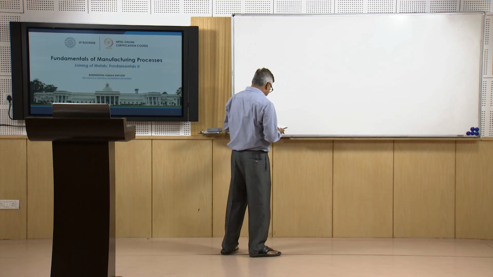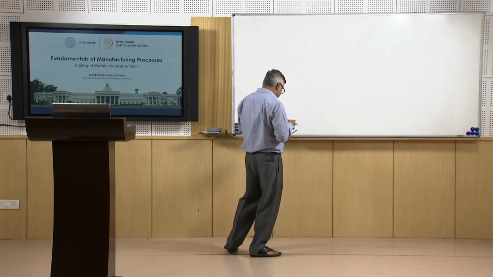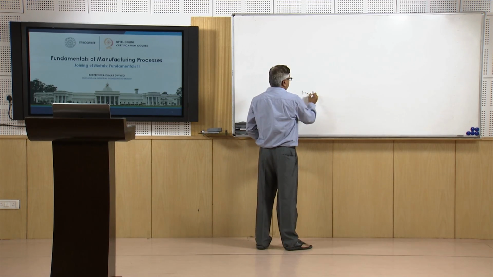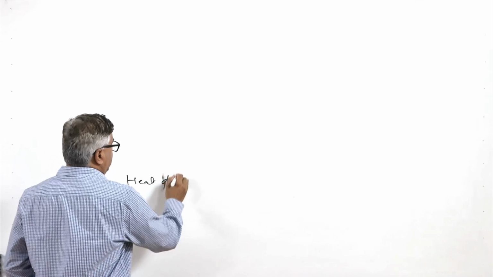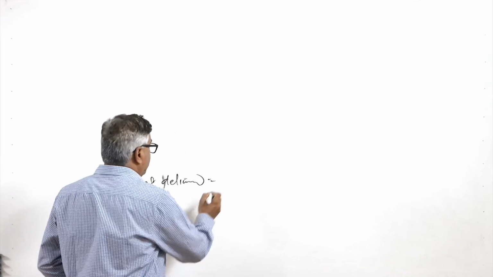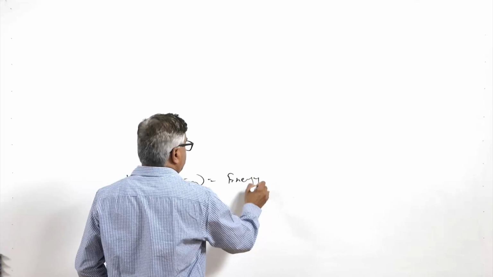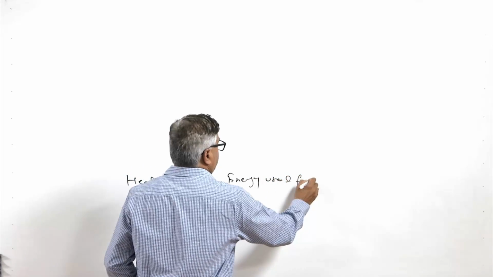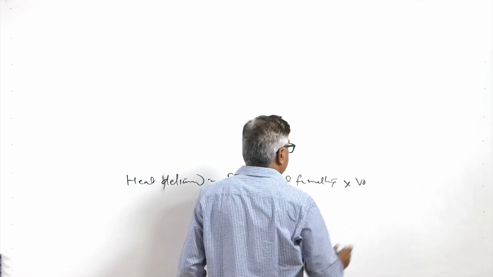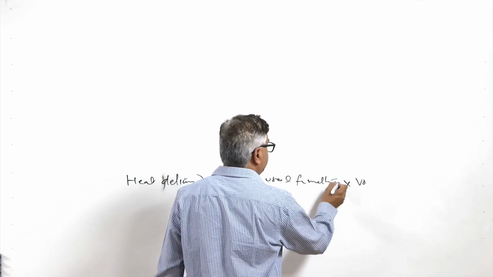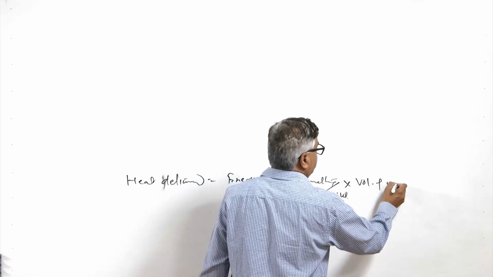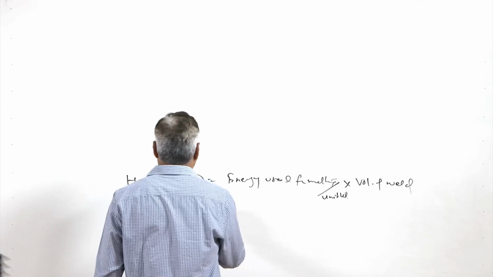Say, if you have to calculate the amount of heat and the rate at which the weld is being made, the heat delivered during the welding is equal to the energy used for melting of unit volume multiplied by the volume of the weld being made.